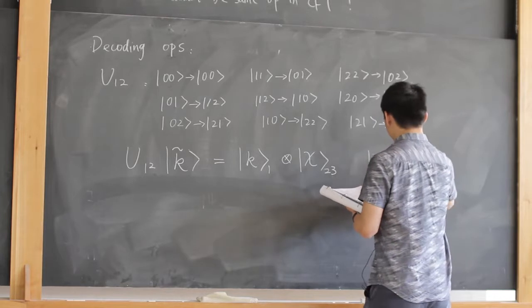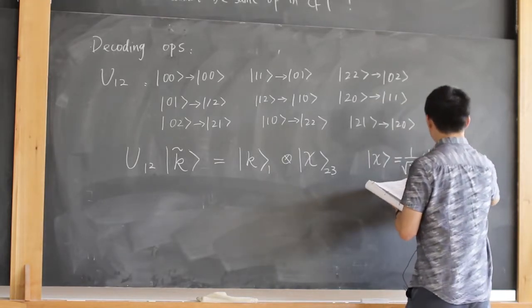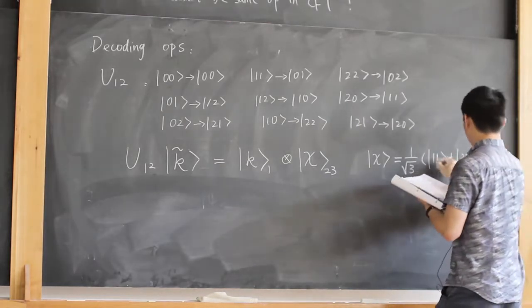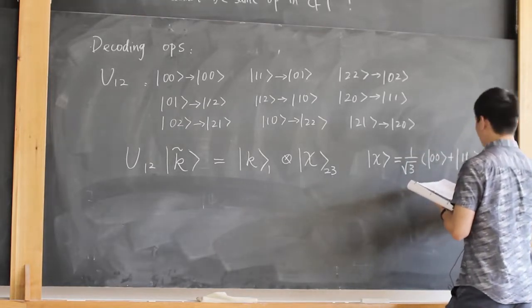And the chi state is simply the maximally entangled state on the last two qubits.